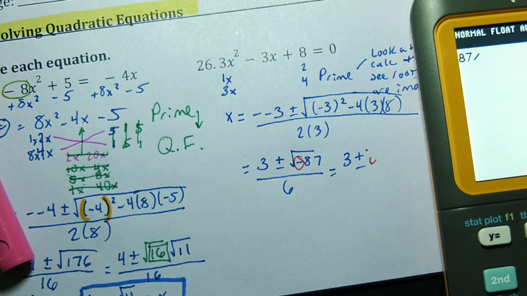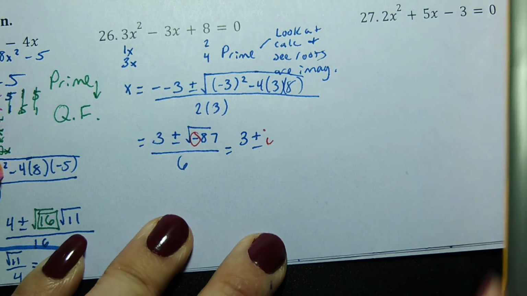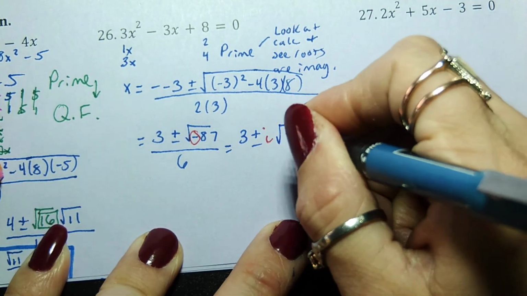I can start to try to divide it by 2, by 3. Ooh, it is divisible by 3. Are 3 or 29 perfect squares? No. Can I break 29 down any further? Probably not. So that's a no on being able to break it down into perfect squares. So we're stuck with that 87. Still got to bring out the i.